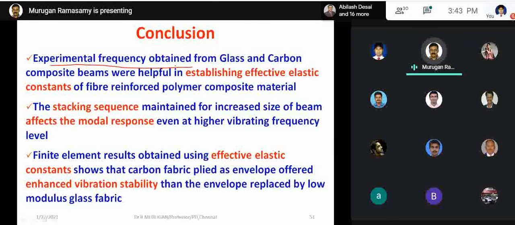These elastic constants may be used for further analysis. The only thing is we have to verify these effective elastic constants through some experiment. In this study, the effective elastic constants can be verified by conducting the UTM test. That is the only thing we have to add here.